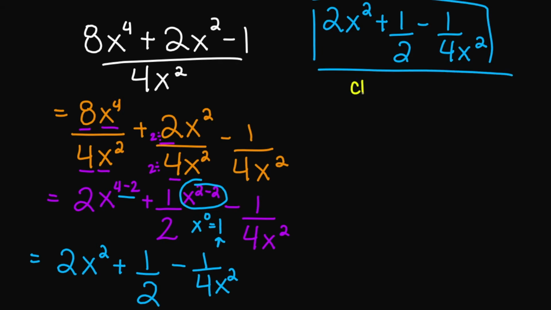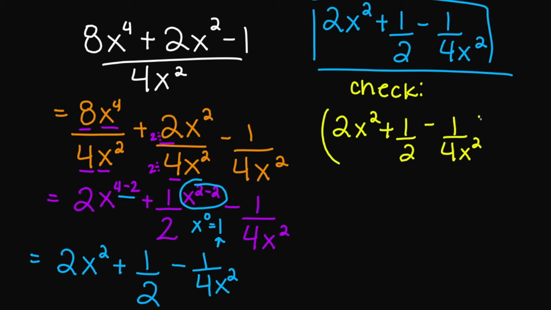And if we wanted to check our work, let's go ahead and check. We have our quotient, which is 2x squared plus 1/2 minus 1 over 4x squared. And we're going to multiply that with our divisor. 4x squared times 2x squared, this is going to be 8x to the fourth. 4x squared times 1/2, this is going to equal a positive 2x.